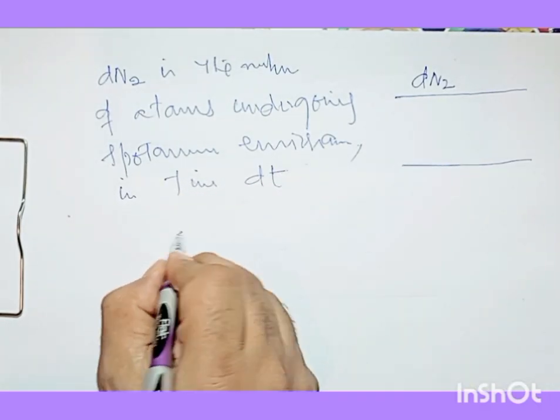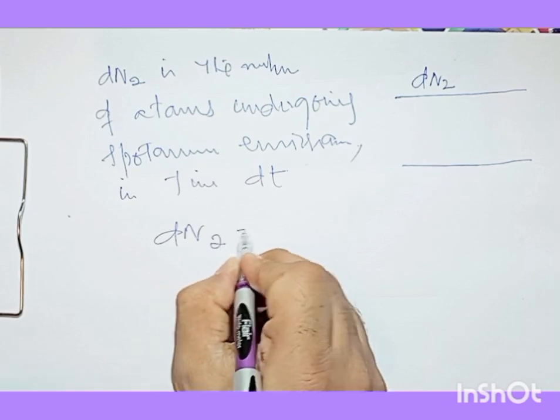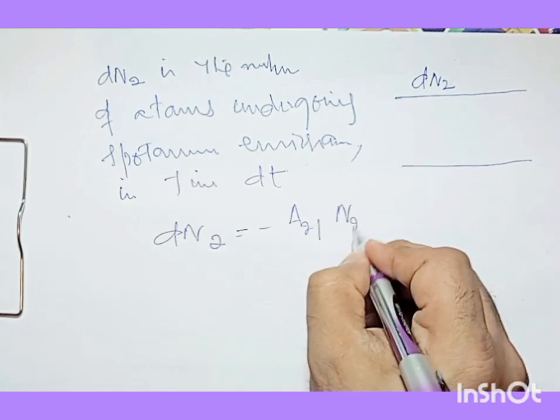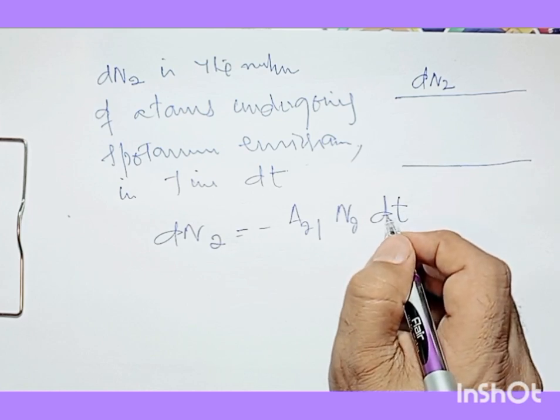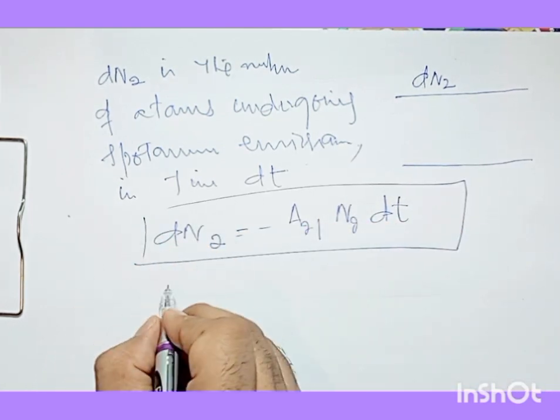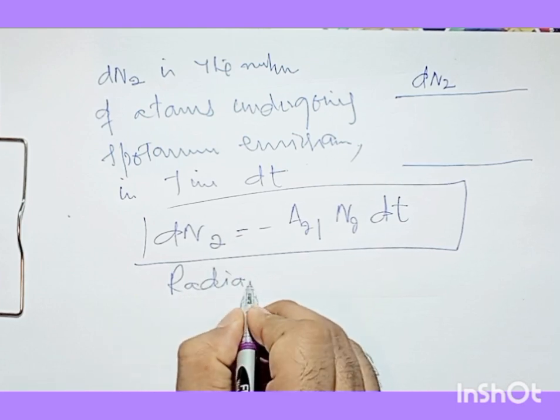Then we can think of dn2 equals minus A21 n2 dt. And this certainly will lead us to what we call the radioactive decay law.